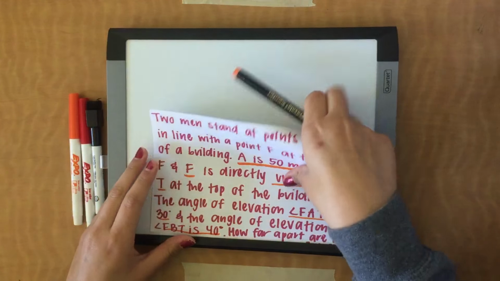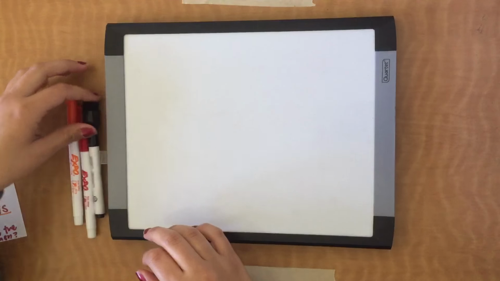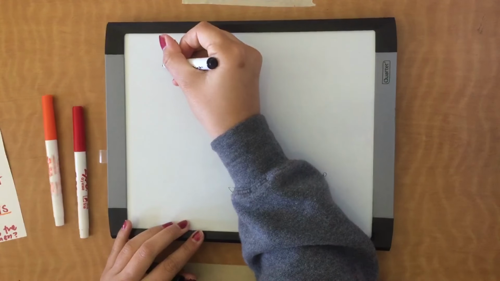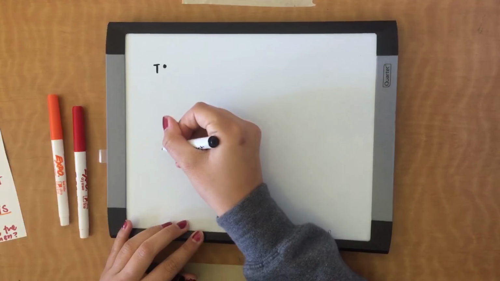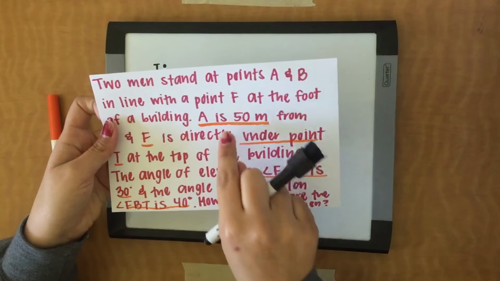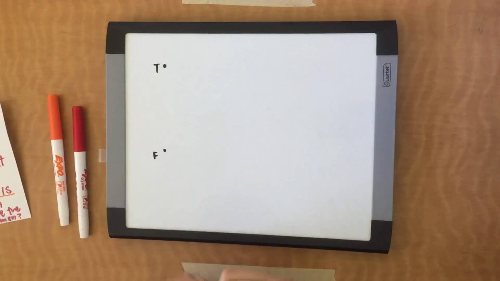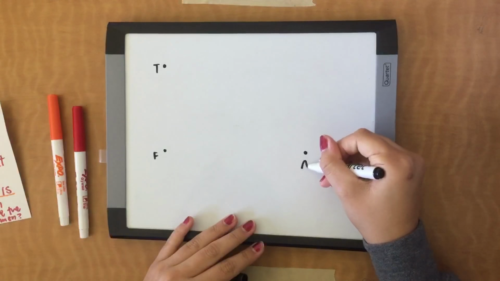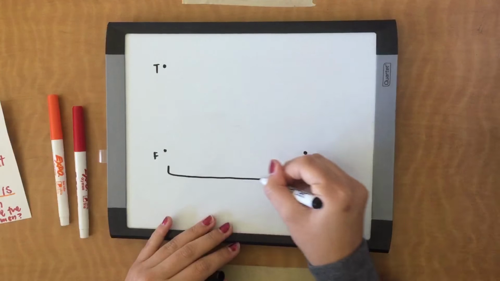So to draw this, we know that T is directly above F, and A is 50 meters from F. This whole thing is 50.